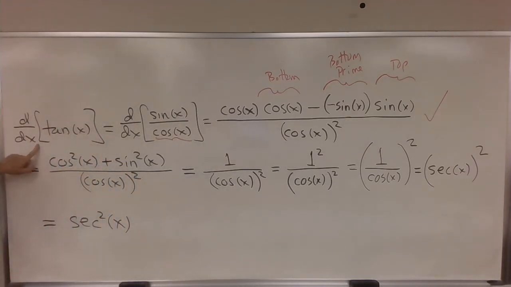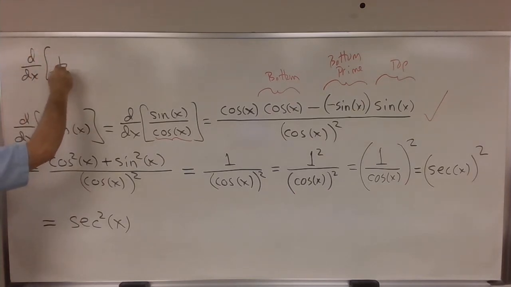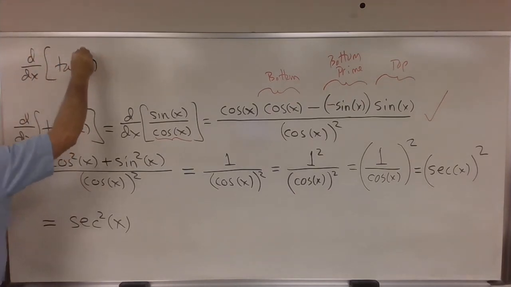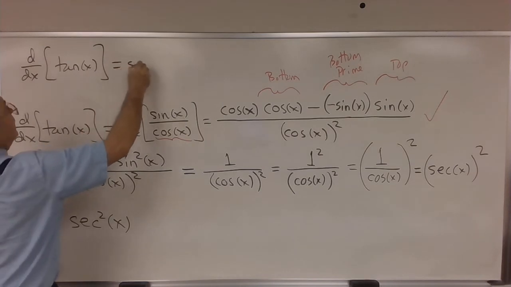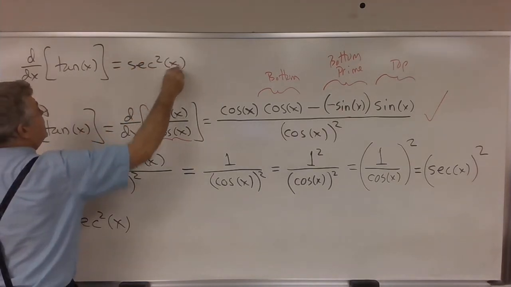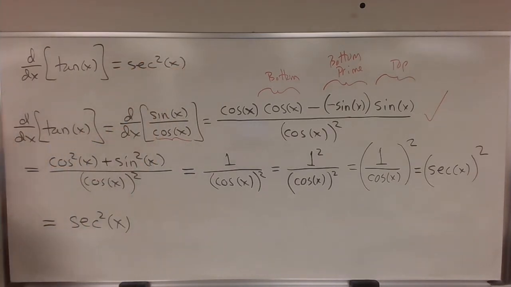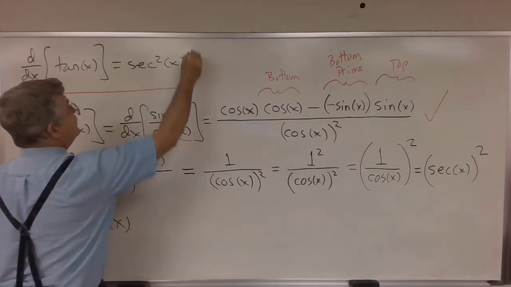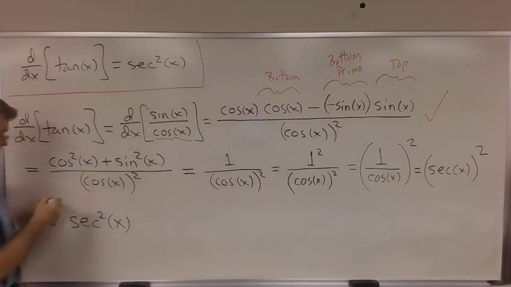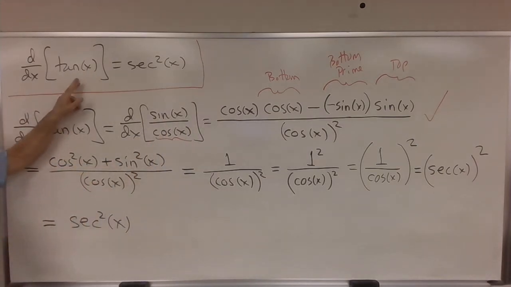I started out with the derivative of tangent x. I got secant squared x. This is what we just derived. This is the universally accepted form of the derivative of tangent x.